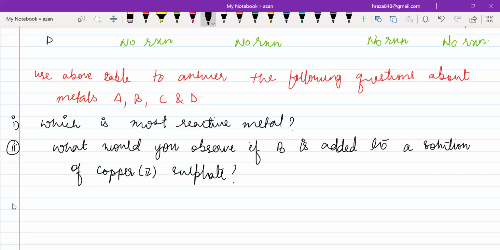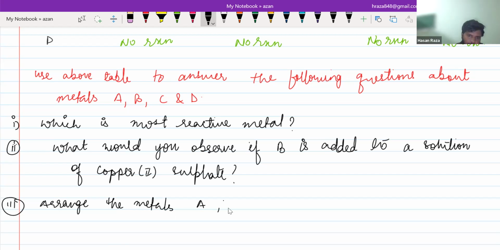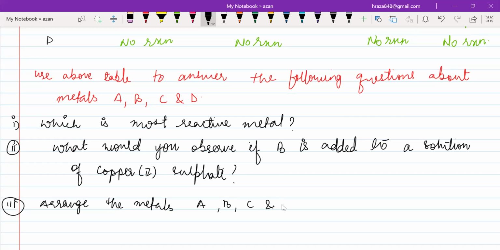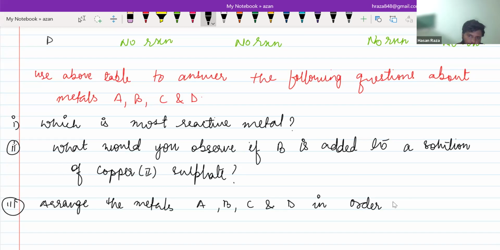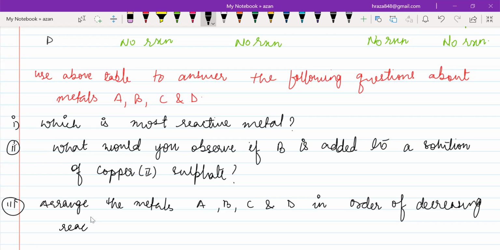The third question, arrange the metals A, B, C, and D in order of decreasing activity, in order of decreasing reactivity. Please do this.